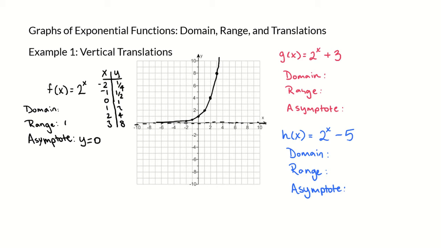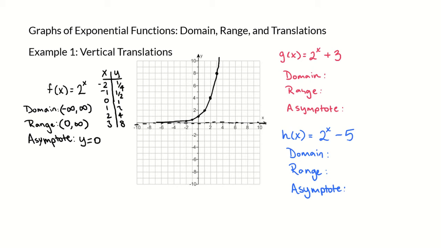So the range is y greater than 0, or the interval from 0 to infinity. And the domain is -infinity to infinity. We can plug any x value into this function. So another way to say that is that x is an element of the real numbers.